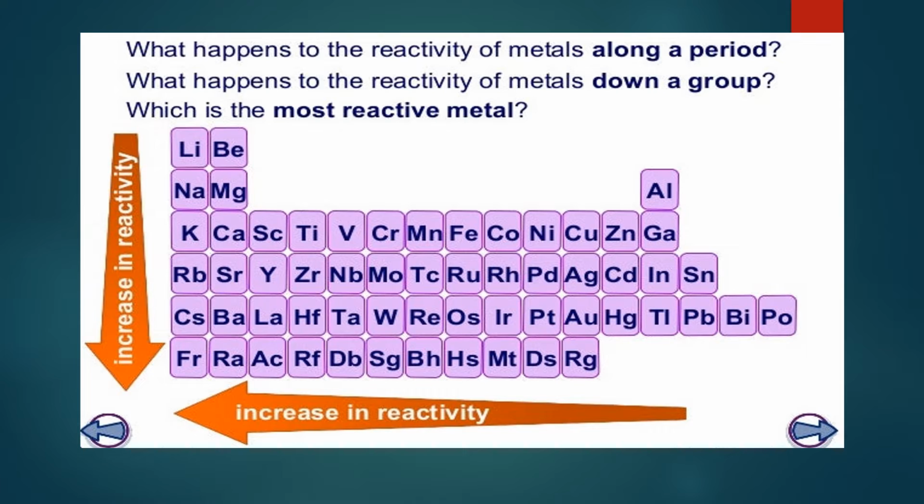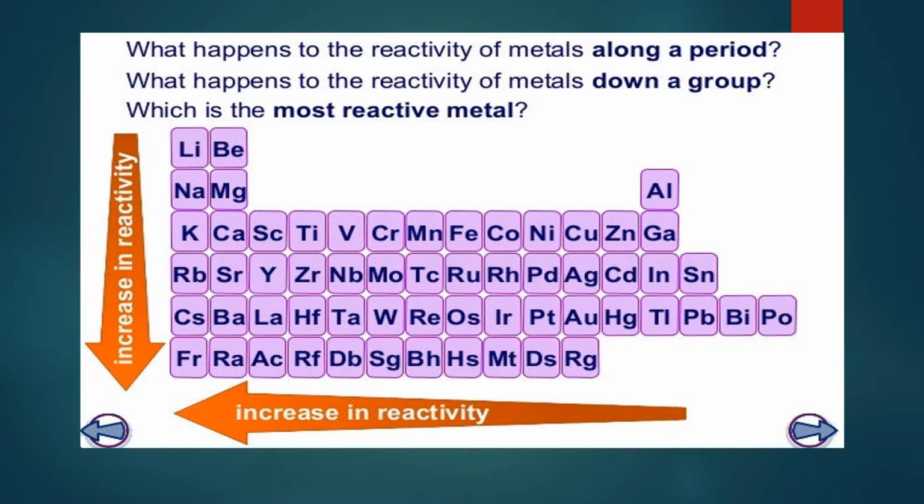Now, if you notice below, there is an arrow indicating from right going to the left. It says there that it increases in reactivity. So it means that from gallium going to potassium, the metals are more reactive in the right to left direction.